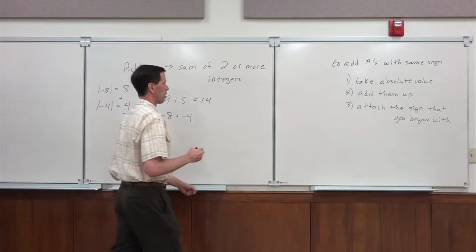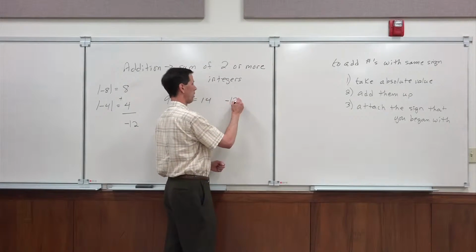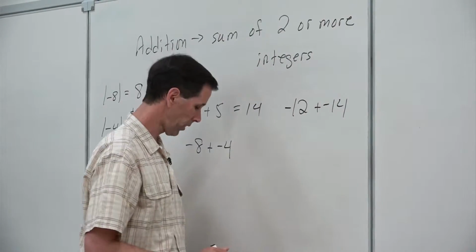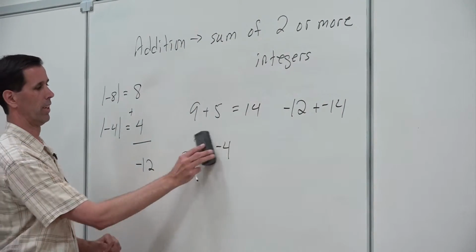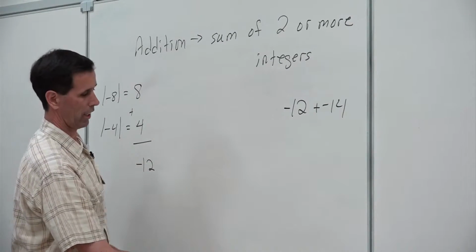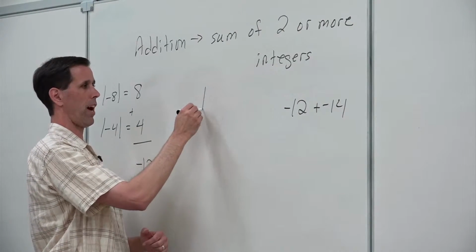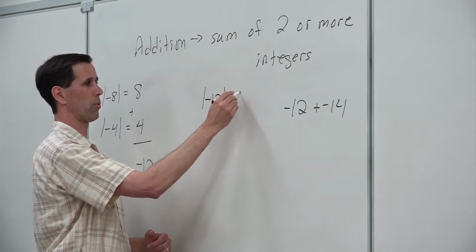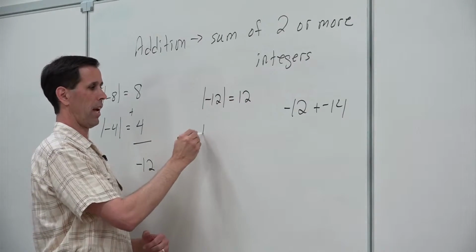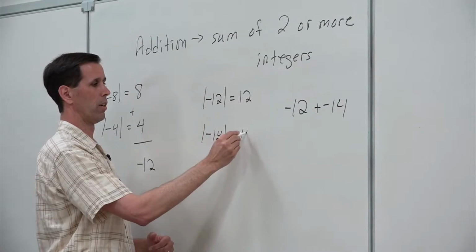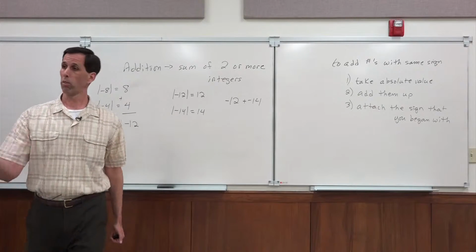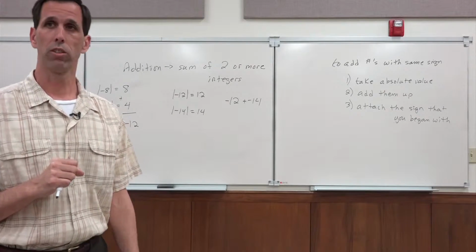Here's another example. What if you had to do -12 plus -14? If we had to add those two. Again, what you're going to do first is do absolute values over the side. The absolute value of -12 would be 12. The absolute value of -14 would be 14. -12 is 12 units from 0. -14 is 14 units from 0.